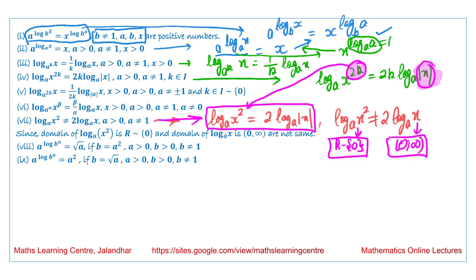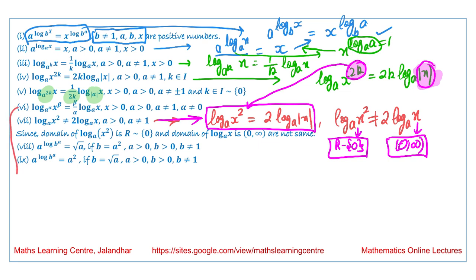Similarly, in the next case we are saying that if the power of this base is a raised to the power 2k, we write 2k common over here, and the term over here will be mod of a. The next result is a combination of all the results we have studied.